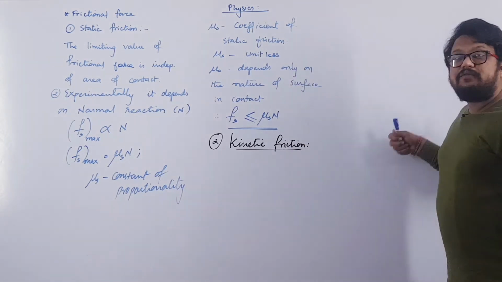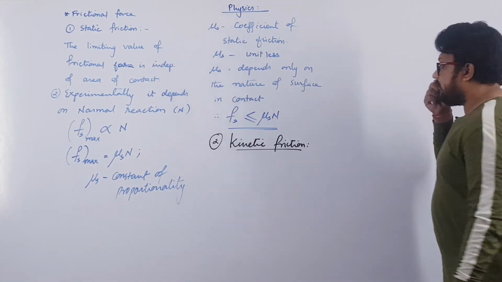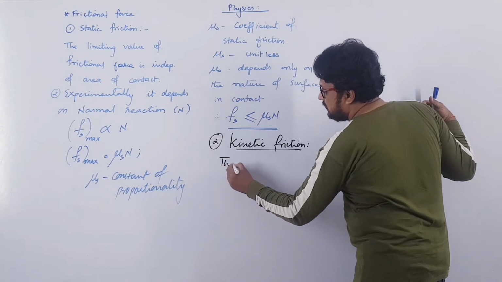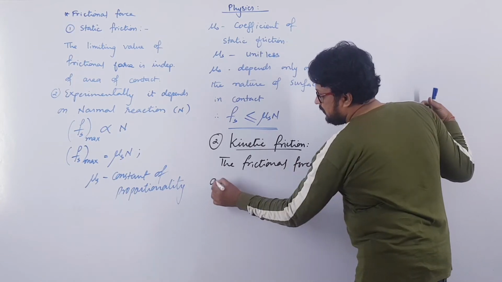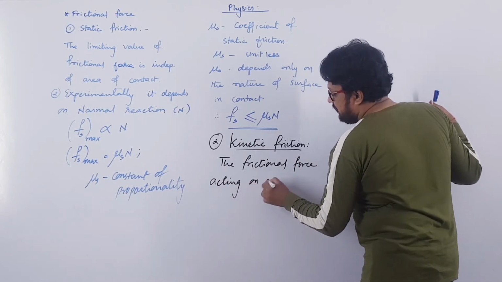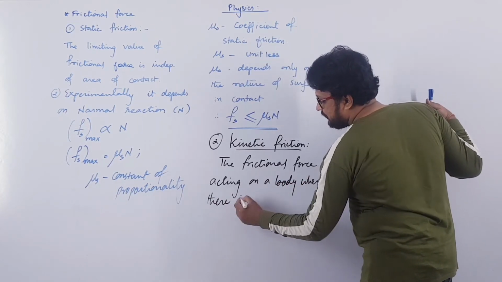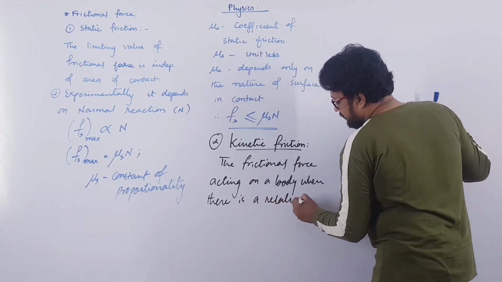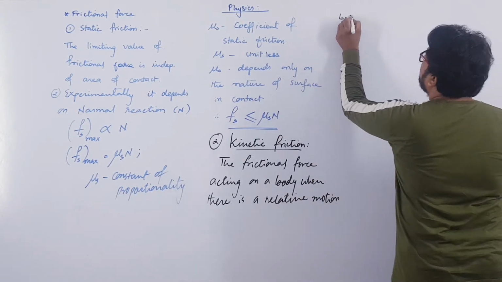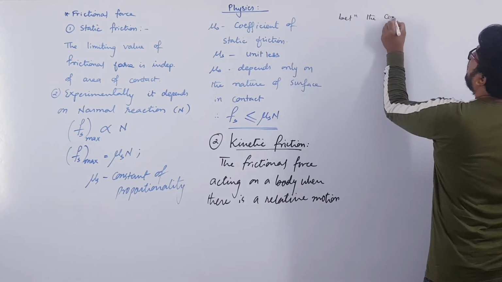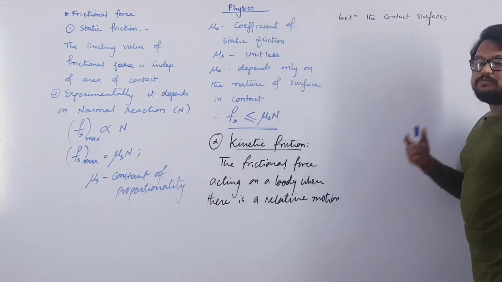The frictional force acting between the surface and the body when there is a relative motion between the two is known as kinetic friction. You can say the frictional force acting on a body when there is a relative motion between the contact surfaces, that is the body and the surface, right?